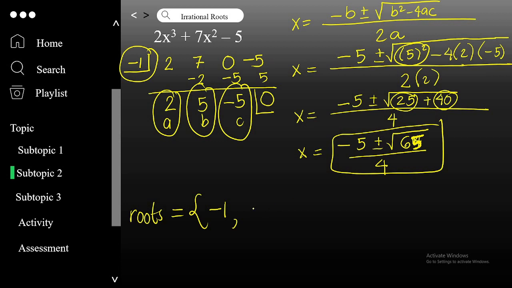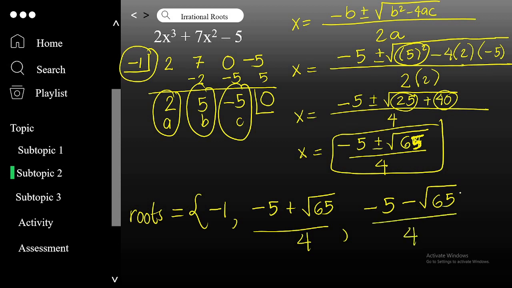So -5 plus the square root of 65 all over 4, and also -5 minus the square root of 65 all over 4, and those are your roots. Okay?